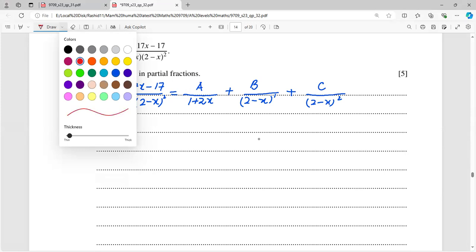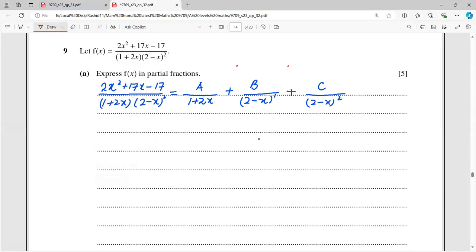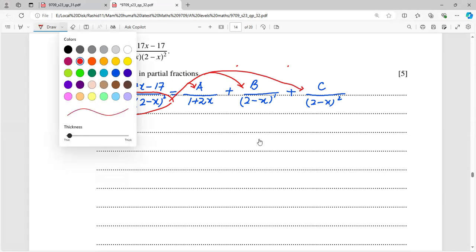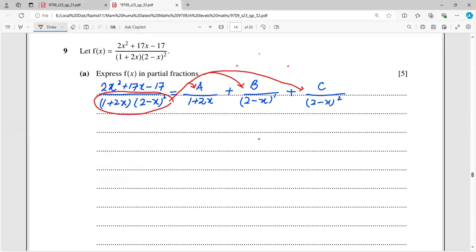So when you move this denominator from this side, the whole denominator, you have to multiply on the right hand side. That denominator will multiply by this term as well, and that denominator will multiply by this term as well. I will start from here. I will get 2x squared plus 17x minus 17 equal to A. When you shift this whole denominator over here, 1 plus 2x is cancelled out.